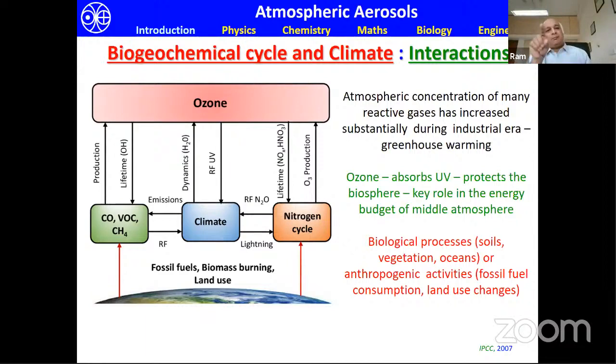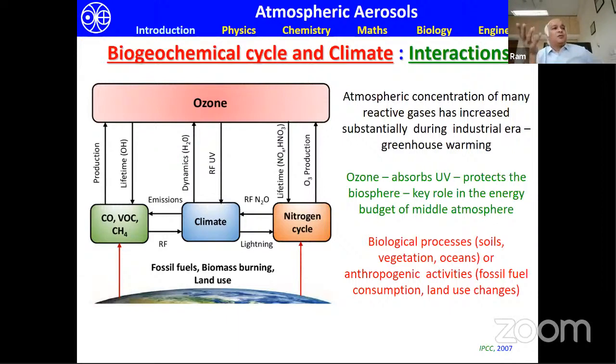For example, the life cycles of most of these aerosol species, be it carbon or sulfate or nitrate, they all contribute to the biogeochemical cycle. We know that the atmospheric concentration of gases has been increasing substantially during the industrial era, which we call global warming.